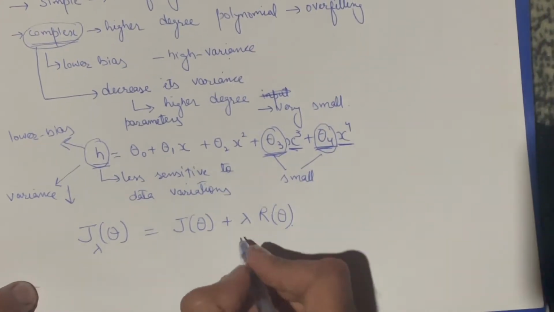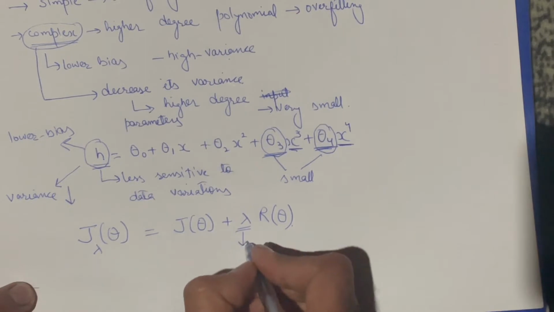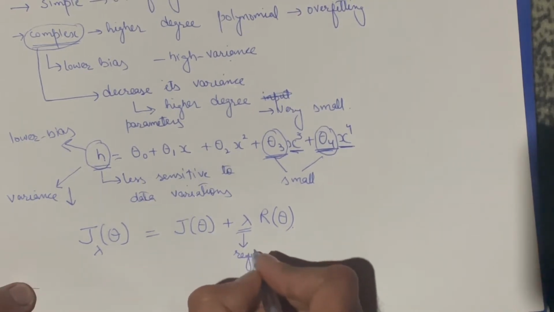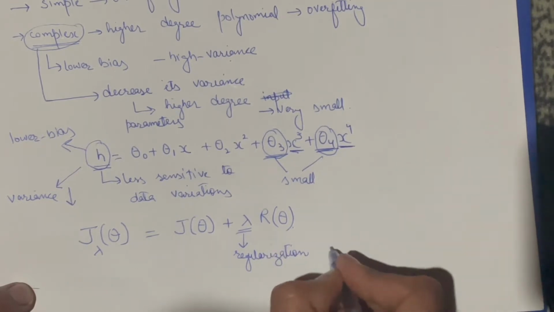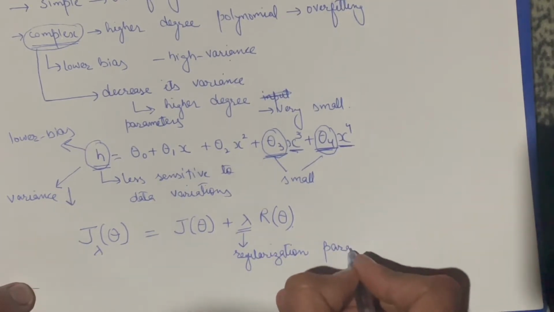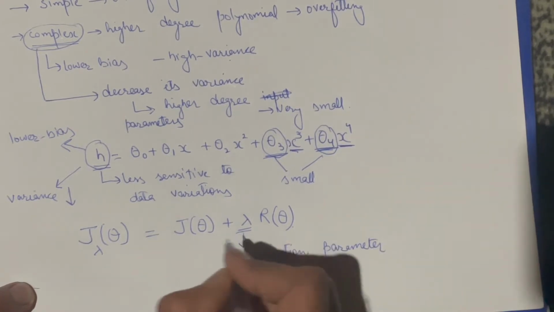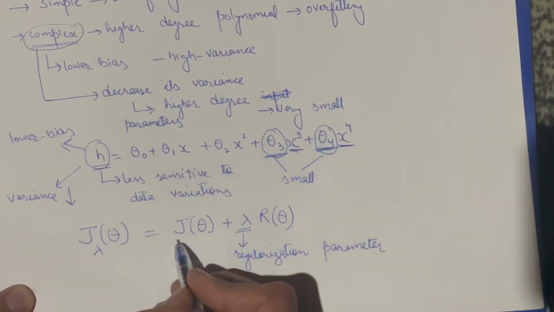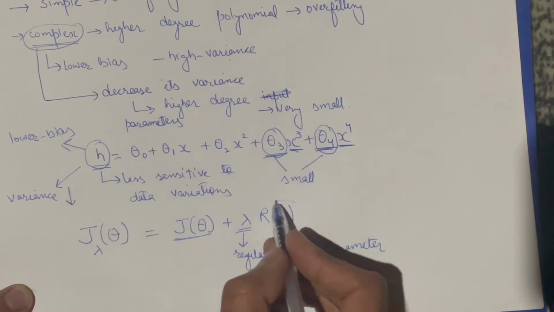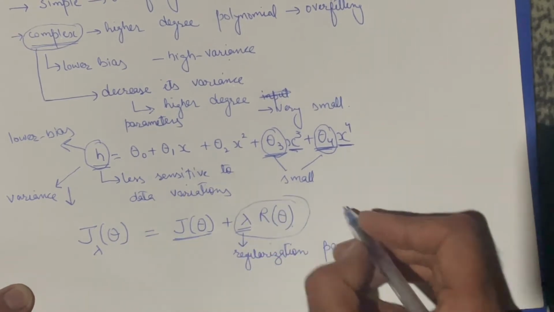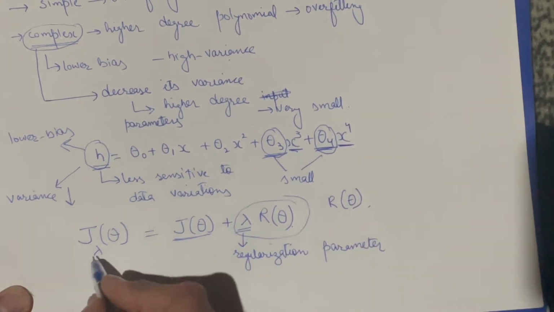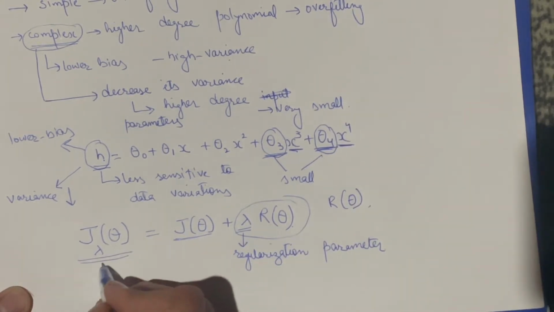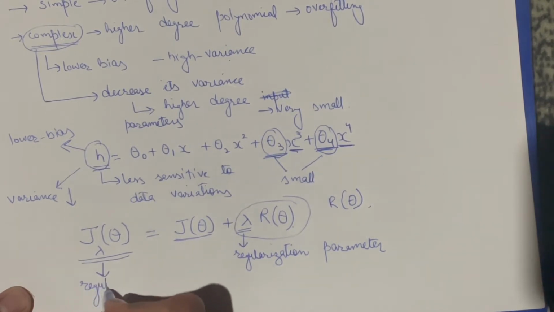This is a constant, and it is also called a regularization parameter, or regularization factor. So R theta is a function of theta, and we have a new cost. This new cost is called the regularized loss.